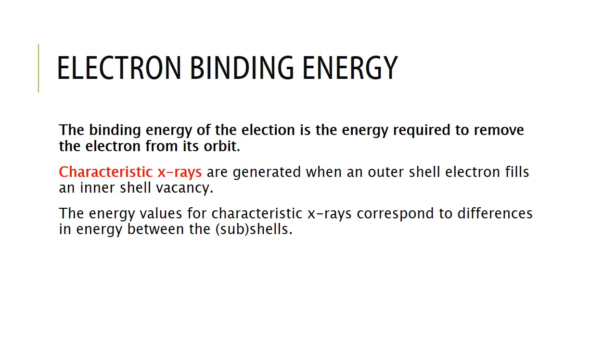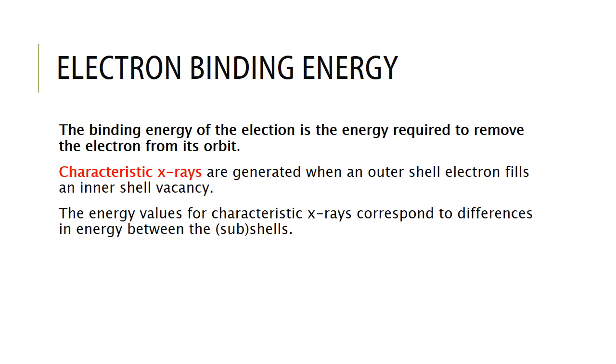The binding energy between the electron and the nucleus really depends on the number of protons in the nucleus and the distance separating the shell from the nucleus itself. So a K shell electron is going to require much more energy to remove because it's closer to the nucleus. That positive and negative charge is going to be very much attracting each other.